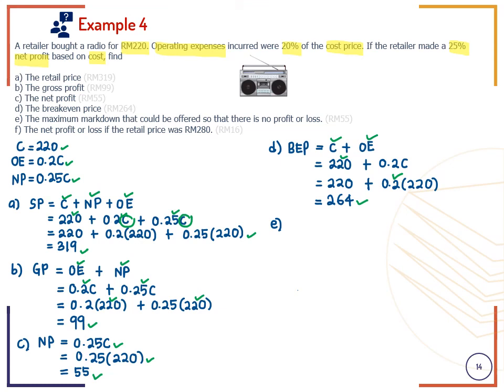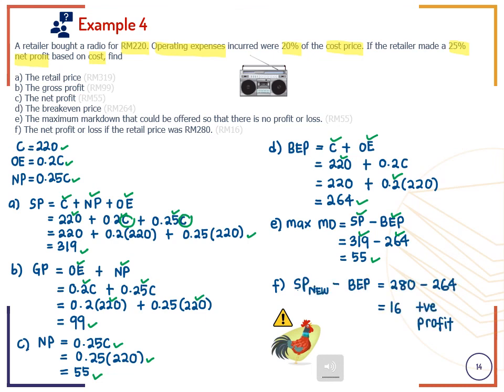Maximum markdown is determined by selling price minus break-even price, where selling price here is 319 ringgit and break-even price is 264 ringgit. So maximum markdown is 55 ringgit.